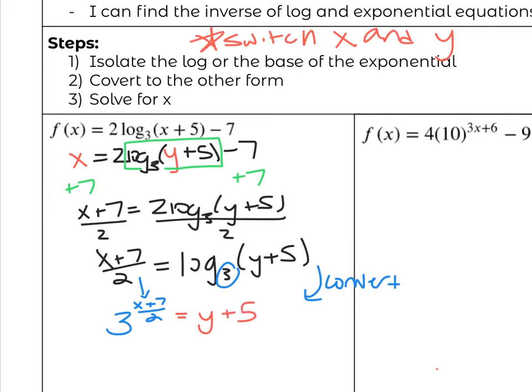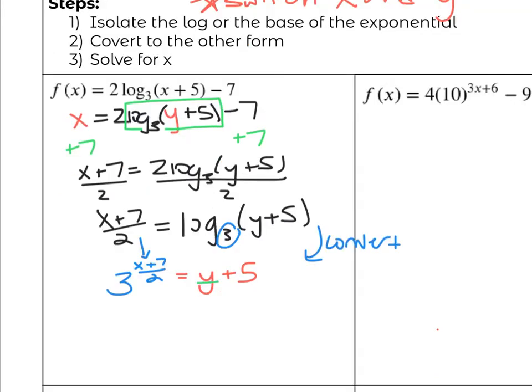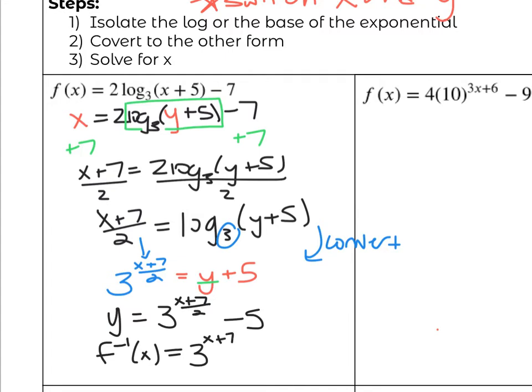And then isolate my y, so minus 5 from both sides. So y equals 3 to the x plus 7 over 2 minus 5, and then let's write that with our function notation. F inverse of x equals 3 to the x plus 7 over 2.